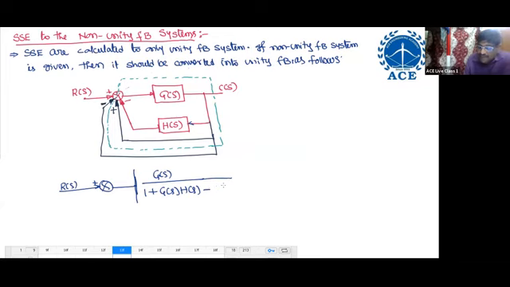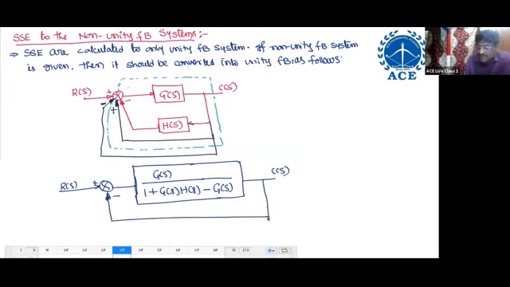Numerator term as it is in the denominator, so minus G of S. Now here C of S. Negative feedback is left. Then here E of S. This is the error.